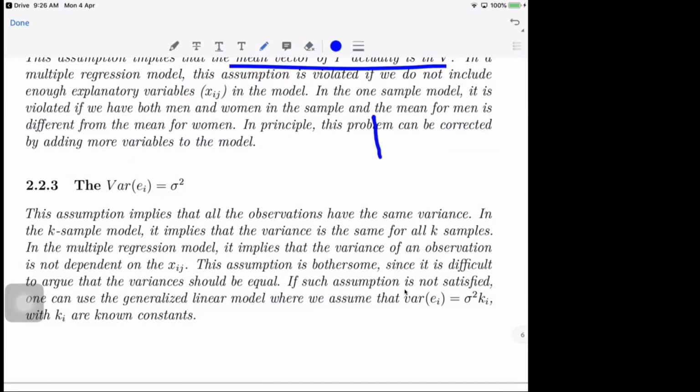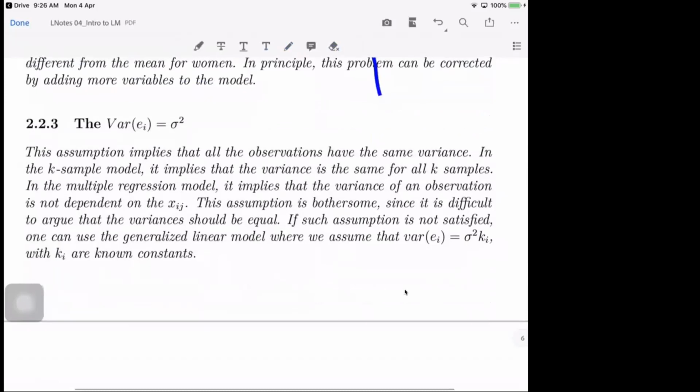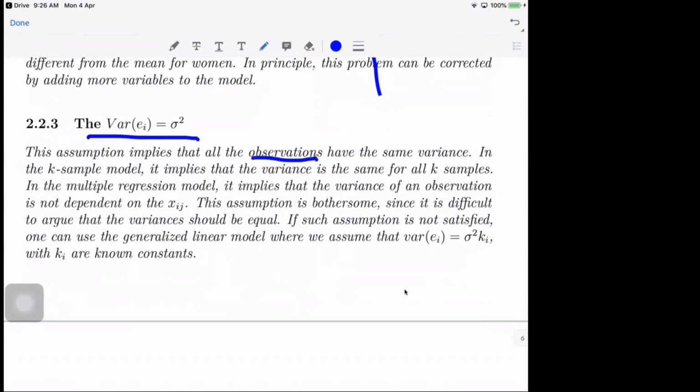And constancy of variance or homogeneity of variances. So this assumption implies that all observations have the same variance. In the K-sample model, it implies that the variance is the same for all K samples. Or in the multiple regression model, it implies that the variance of an observation is not dependent on the Xi.